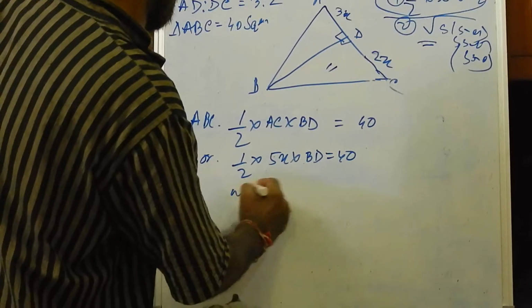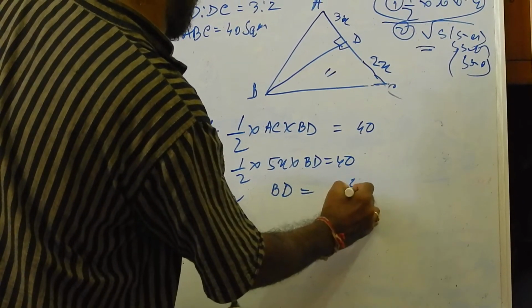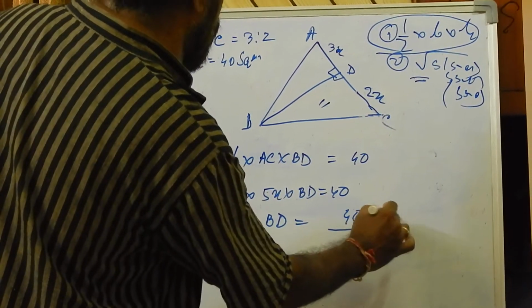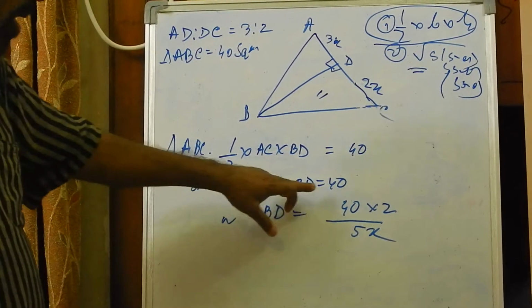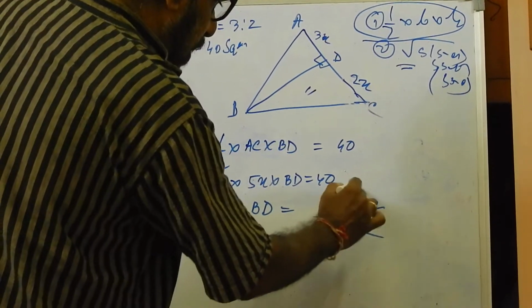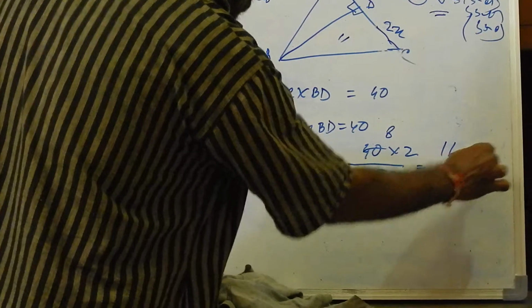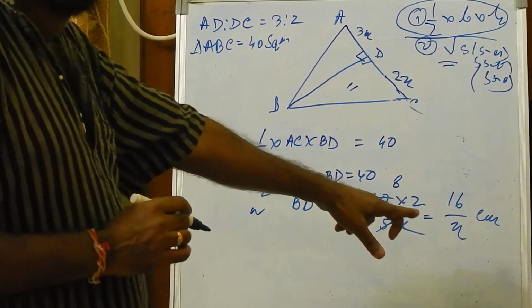So what is the value of BD? BD equal to 40 into 2 by 5x. I think you can follow this. So BD is 16 by x centimeter. The value of BD is 16 by x centimeter.